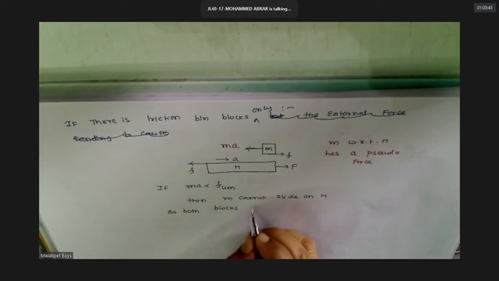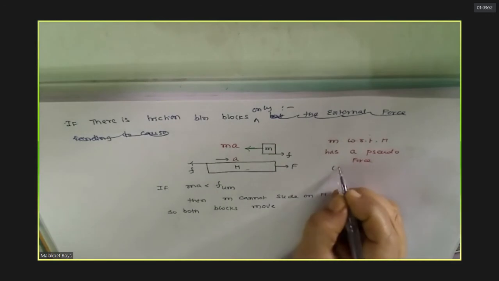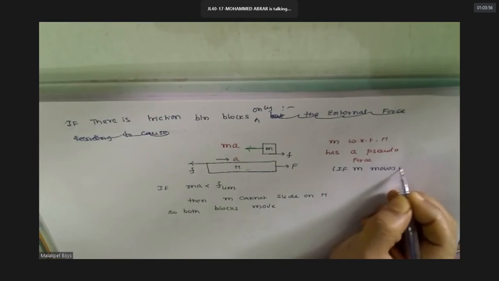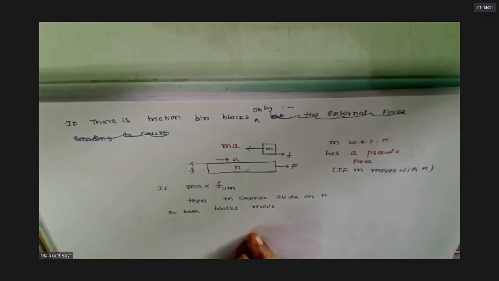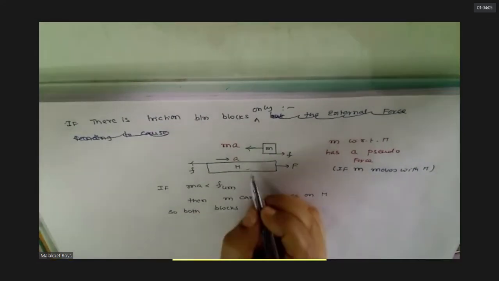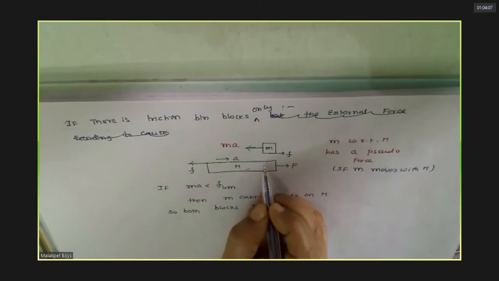Sir, why is pseudo force coming here, sir? Because if M moves, I'm saying if. It is in which frame? It has to travel relative to that frame only, no? The distance traveled is relative to that only.